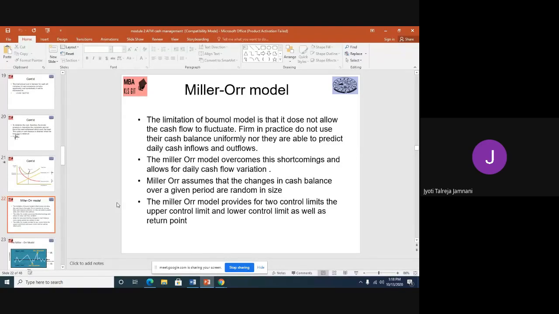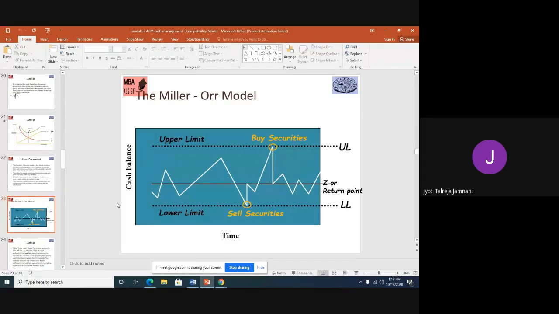In the next graph, I will show you this happening. So all of you keenly observe this graph. I hope it is visible. See there, I have drawn the upper limit, UL, the lower limit, LL, and the center is the Z value, or we also call it the return point. Now, what is happening here? Suppose I start with certain cash and it keeps fluctuating.